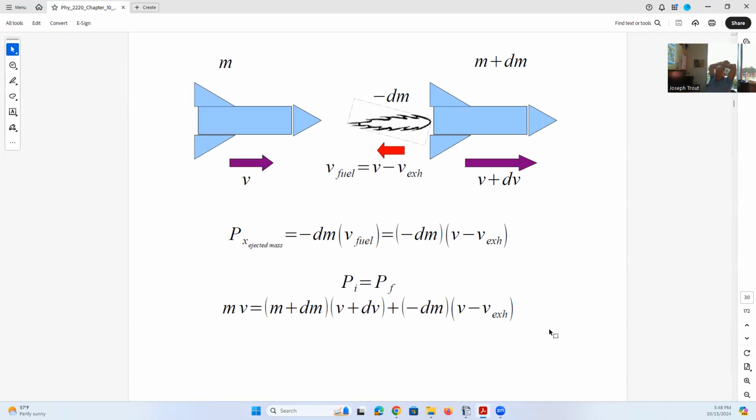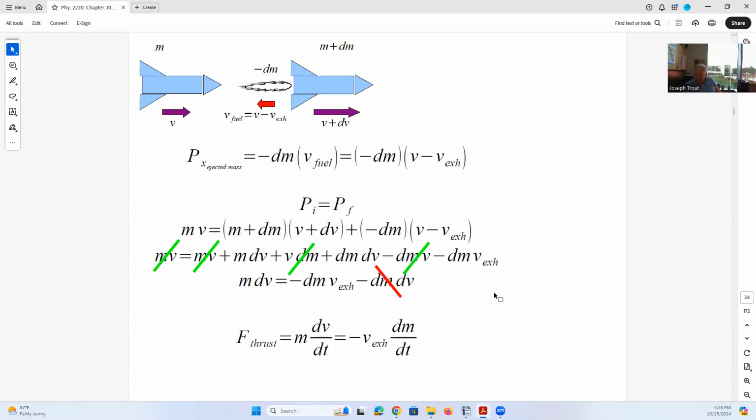So the initial momentum has to be equal to the final momentum. This is our initial momentum, the rocket times its velocity. Then this is the momentum of the rocket after it loses some mass and moves forward a little bit. And this is the momentum of the gas particles being shot out the back.